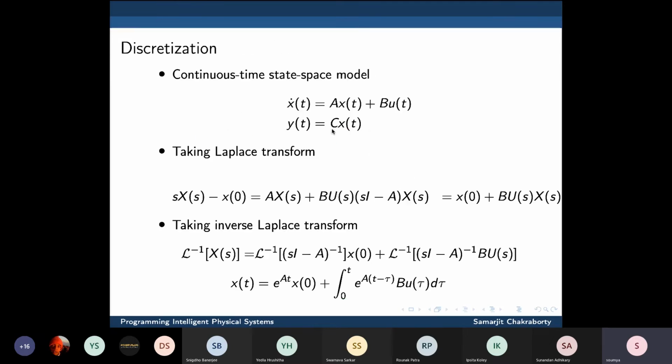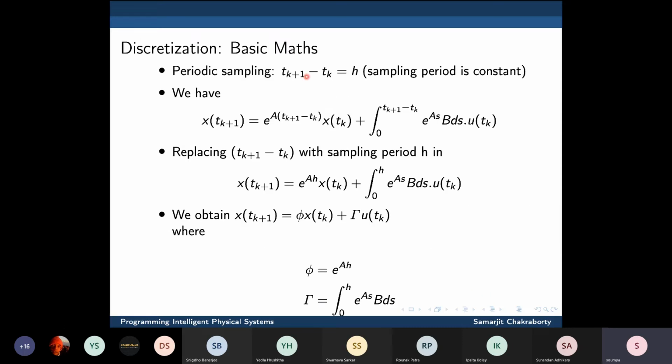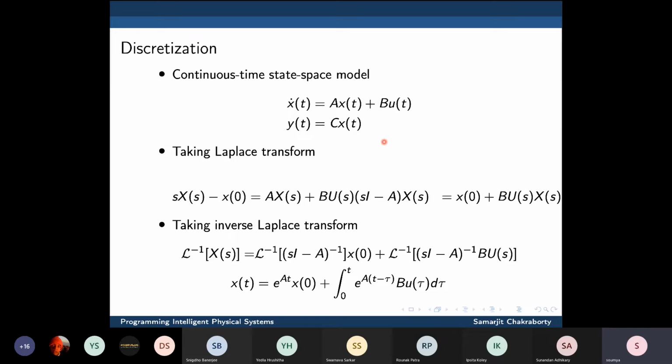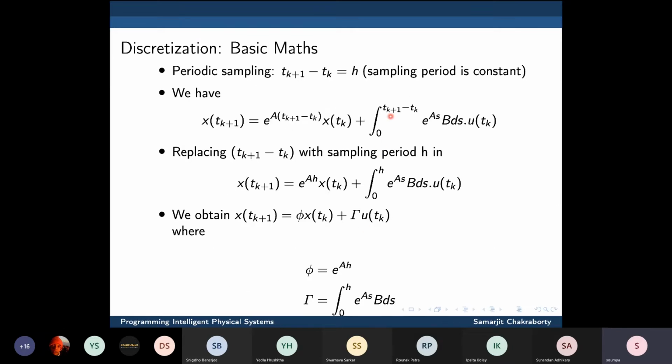The time interval t is now tk+1 minus tk, which is h. So I have x at tk+1 equal to e to the power Ah times the initial condition, and I integrate over this time difference. That was because I was integrating from 0 to t, so I will now integrate just from 0 to h, and I have these terms.